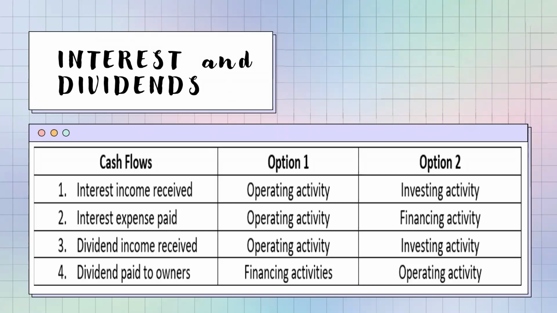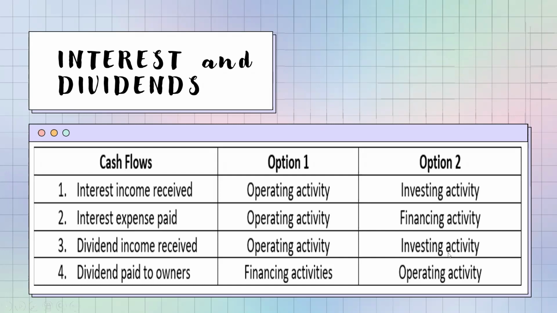And equity is part of financing activities. So, therefore, that is where we disclose it. And for option 2, we disclose it under operating activity because some of the dividends are considered in the profit or loss determination. So, therefore, it would be good to disclose it under operating activity.